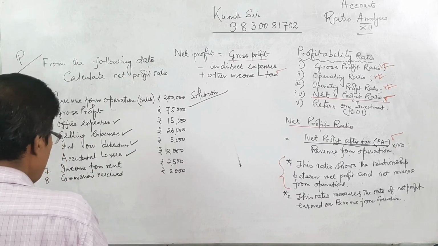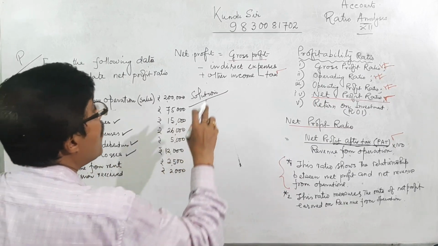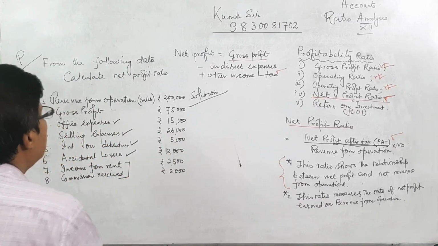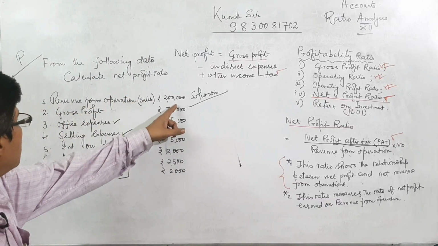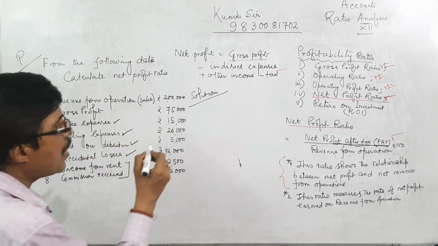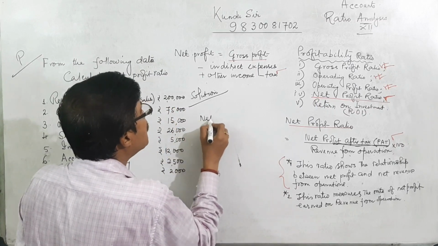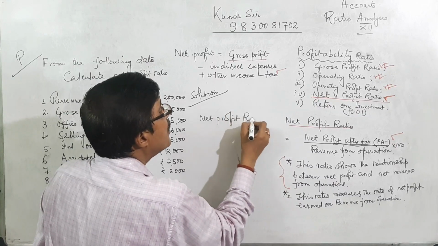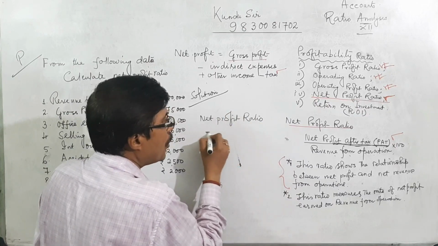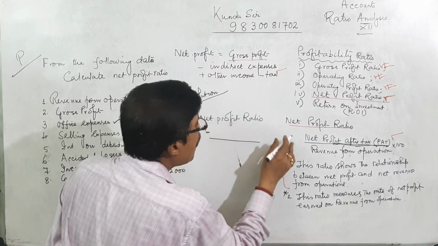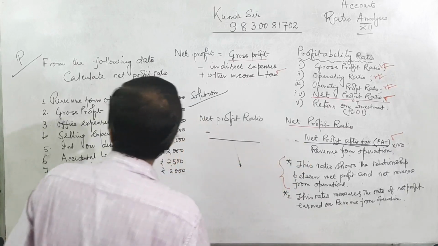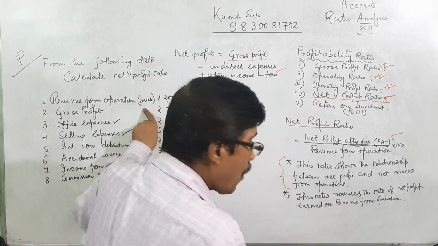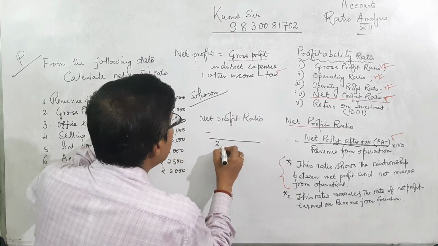Then there is indirect income, other income. Now, net profit ratio. What is the net profit ratio? What is the revenue from operation in this problem? Revenue from operation is 2 lakh.